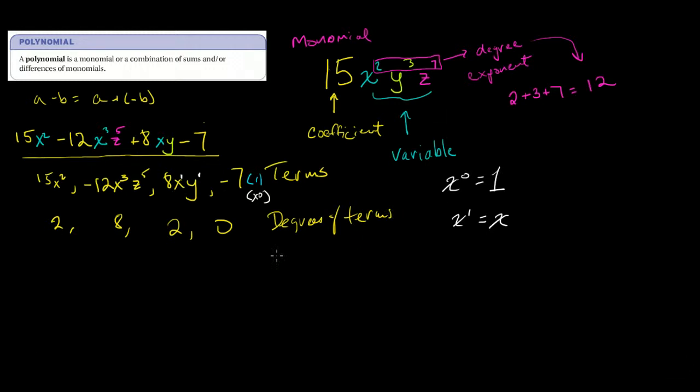Now the degree of the whole polynomial is the highest degree of all the terms, and that would be here. So the degree of this polynomial is 8. What is the leading term? What should be the first term? Typically, we put polynomials in descending order from the highest degree down to the lowest degree.